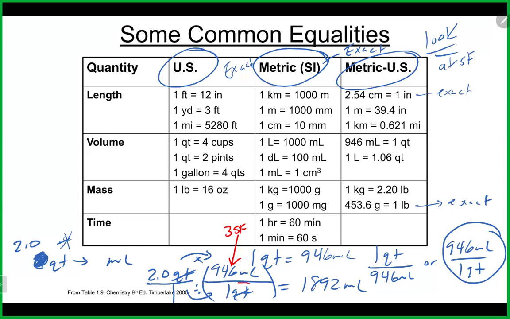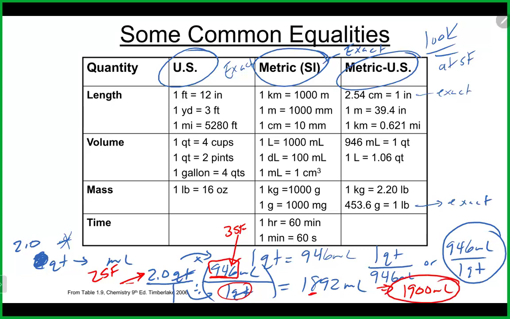We obviously would not worry about this number down here. We'd actually worry about that part of the conversion. We would also look at our original number here, which has 2 significant figures. And since we are multiplying and dividing, we are looking at the least number of significant figures, which means in this case, it should end up at 2, which would take us to here. And that would take us to 1900 milliliters as our answer.